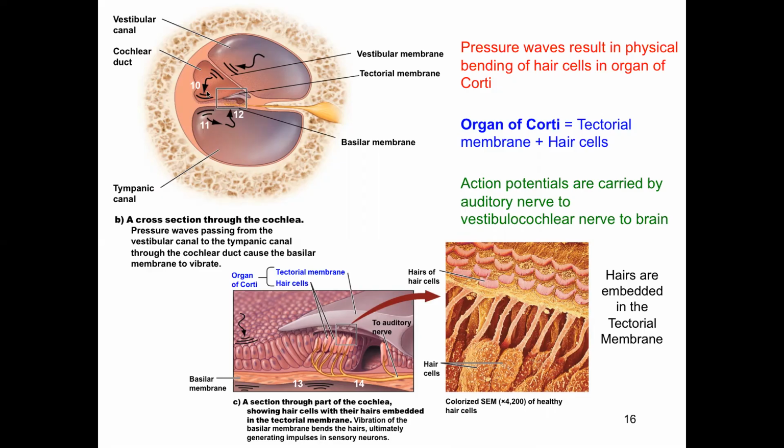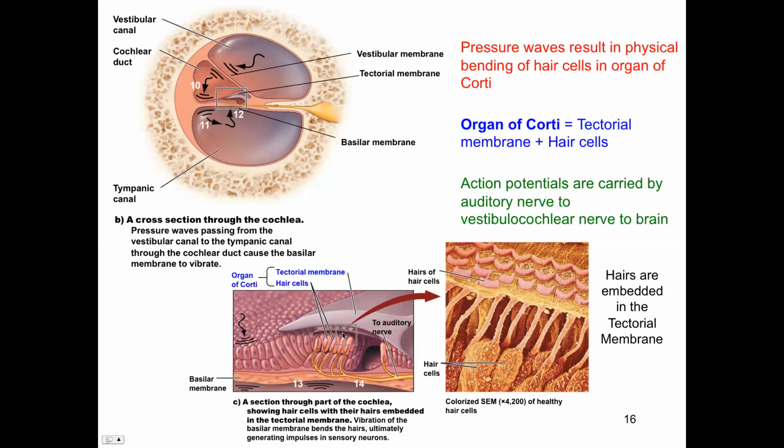Now when that happens, those hair cells are sitting on this basilar membrane. If we look down here, we can see that the hair cells are situated on the basilar membrane, and their hairs are embedded into a third membrane called the tectorial membrane.